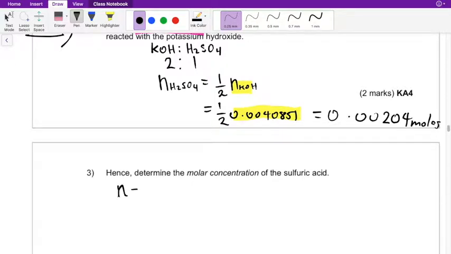So n equals 0.00204. That is a carrying number that we're going to use in the calculation, so the number from the calculator. The concentration equals question mark, we're not sure of that. The volume, so what was the volume of sulfuric acid?